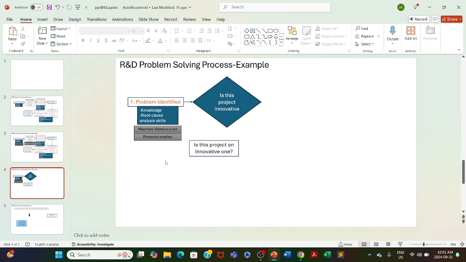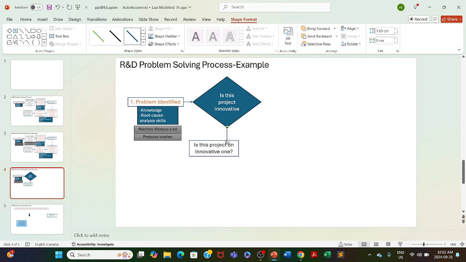So yeah, when a problem is identified that we have to resolve, then we really have to ask this question as a problem solver or as an engineer or researcher, whether this project or this problem is innovative. It can be either yes or no. So if it's, let's write, entirely innovative. Okay.